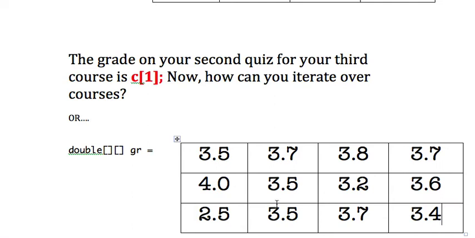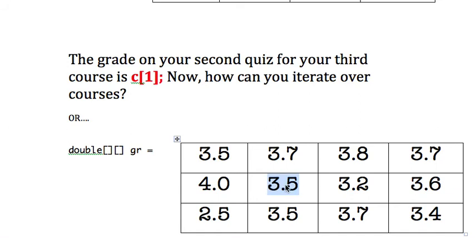So in order to put all these elements here, I have to be able to refer to each one of these elements, right? Just like I did here with C1 being a reference to the second grade of my C array, I'll have to somehow tell the computer that this 3.5 is in this position.